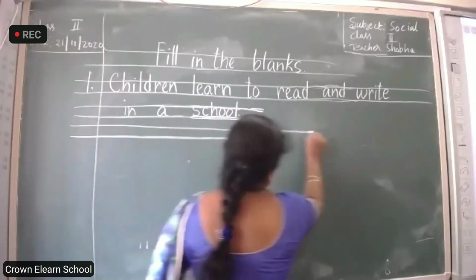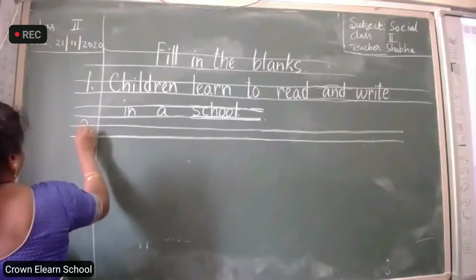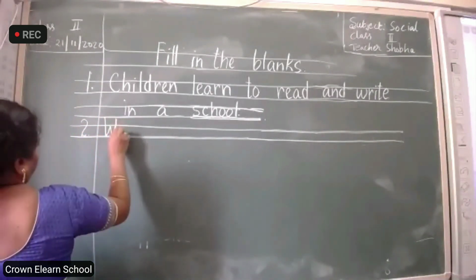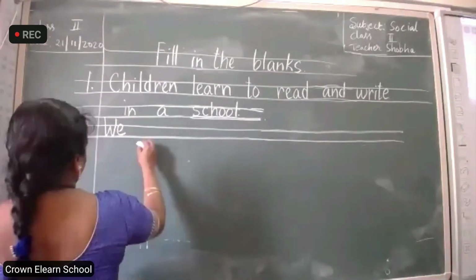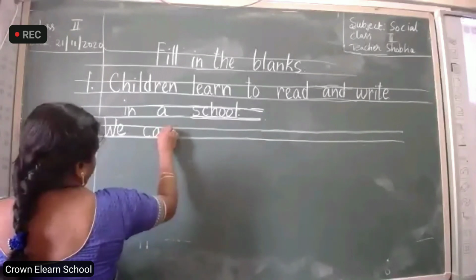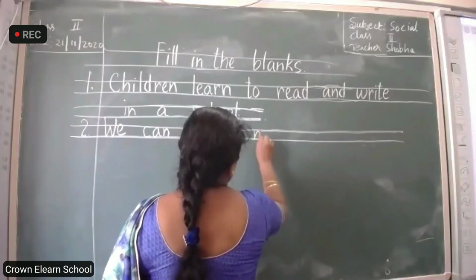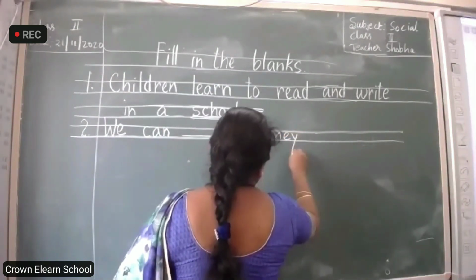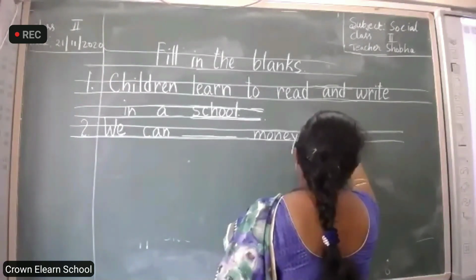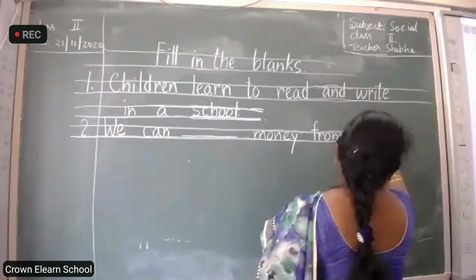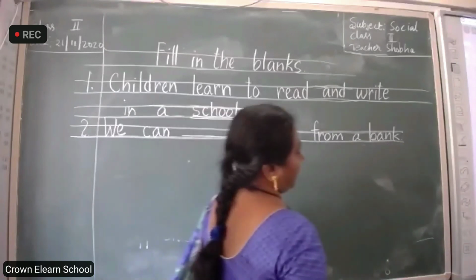So after the first one, leave a line. For the second blank, leave a line and write. Second blank: We, capital W, starting the sentence, okay? W-E, can, C-A-N, can, dash money from a bank, B-A-N-K, bank.